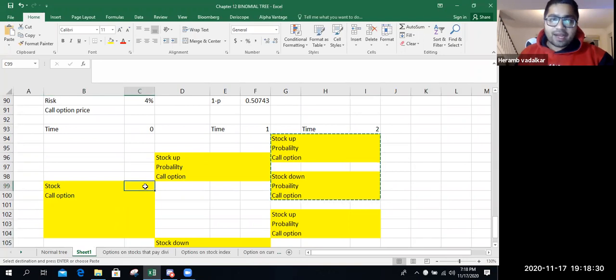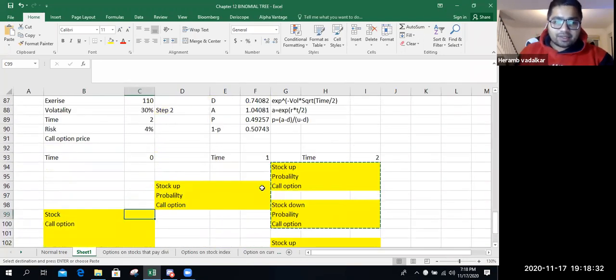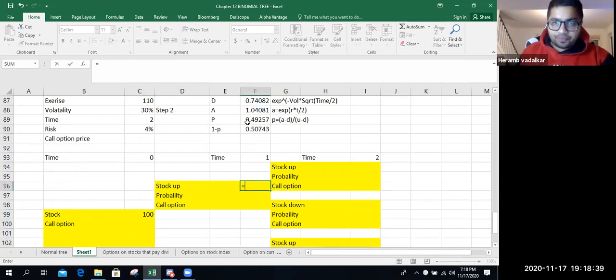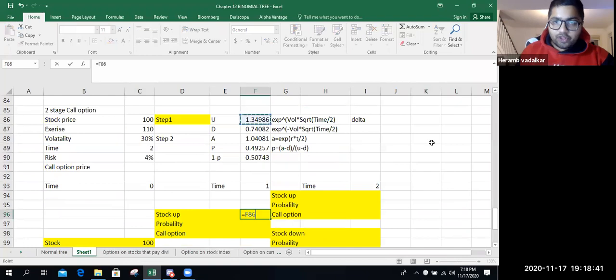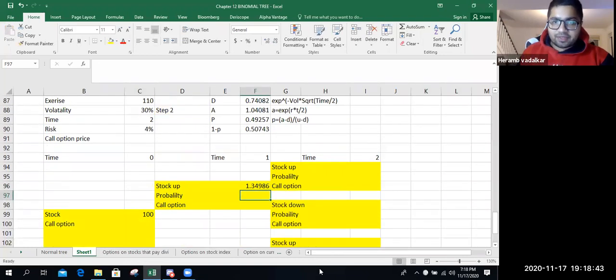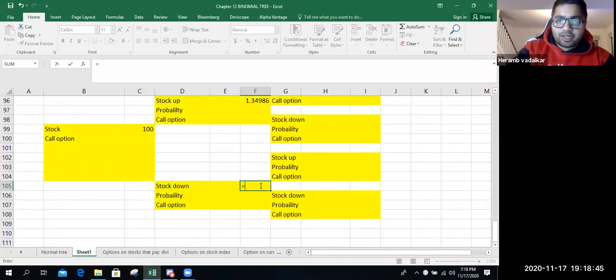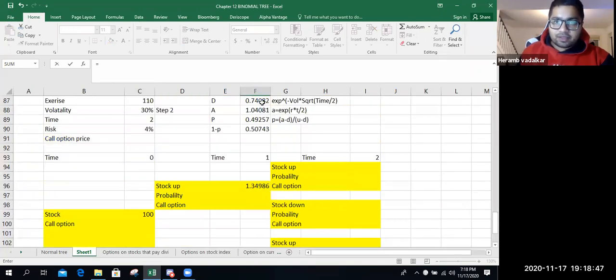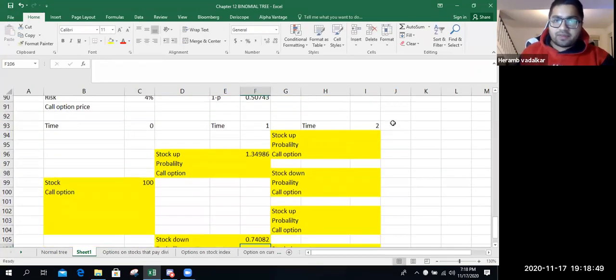So current stock price is $100. Stock moves up by U, that is 1.34 times. Stock moves down by D, that is 0.74.